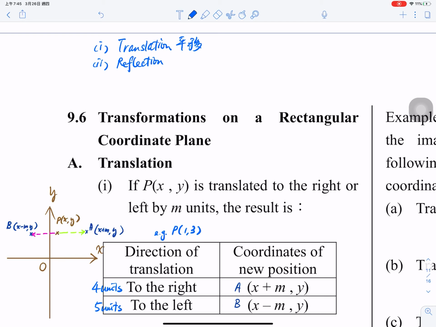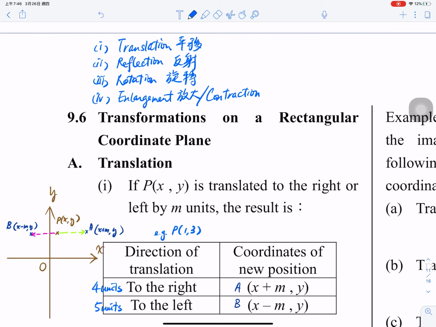The third one, rotation. And the fourth one, we have 2 words, remember? Yeah, one is enlargement, and the other one, yeah, contraction. Enlargement and contraction.